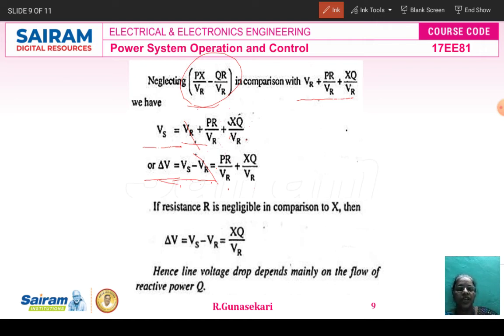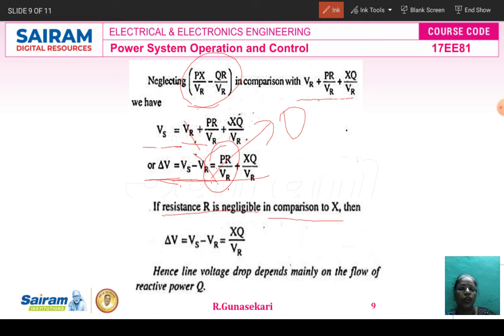Suppose if the resistance R is negligible compared to the reactance X, the delta V equation can be rewritten as Vs minus VR equal to XQ divided by VR only, because the PR divided by VR term goes to 0, because R is negligible compared to X. Now what does that mean?